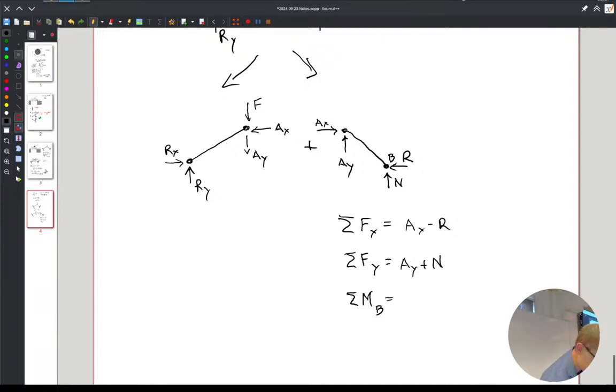It's going to be negative 30 AY and positive 30 AX. But I end up with 2 extra unknowns, but I end up with 3 new equations, and I have enough equations to solve for all of my unknowns.